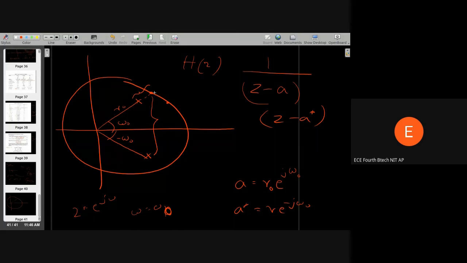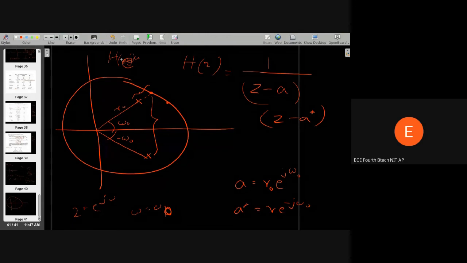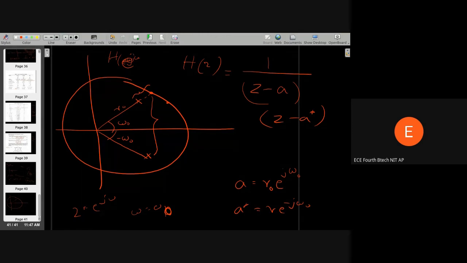So when omega equals omega naught, if you take the frequency response, or the Fourier transform, you see this distance is so low that the response will become very high. H(e to the power j omega naught) will become very high.